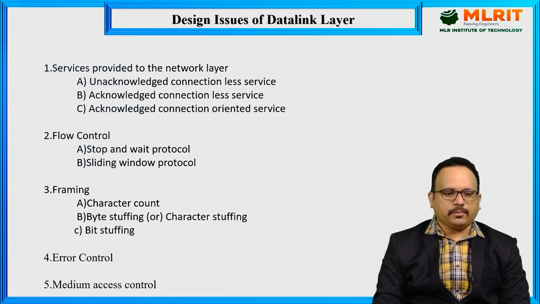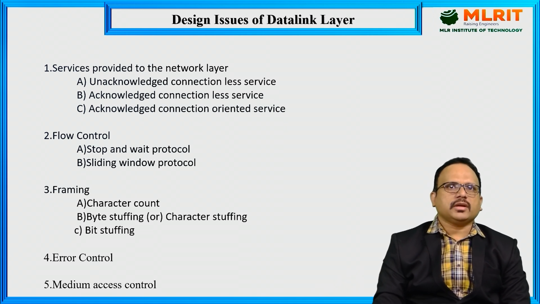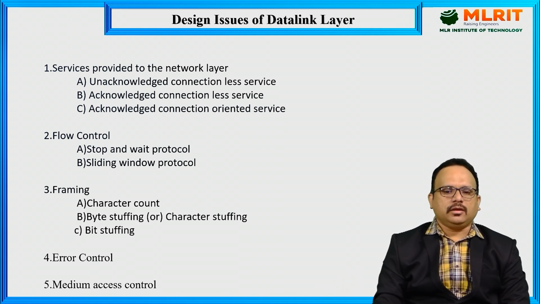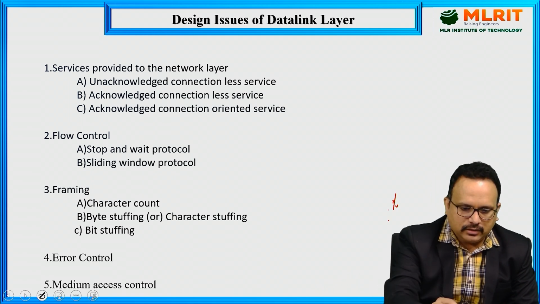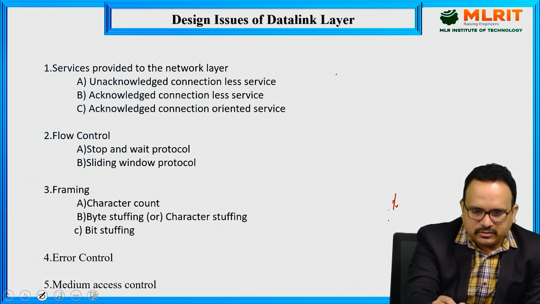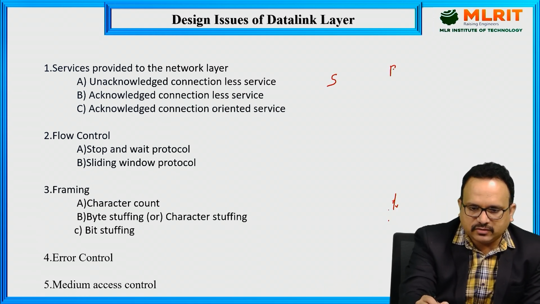So first topic in this particular data link layer is design issues of data link layer. Before going to discuss about this, how the data will be transmitted in the data link layer and from where the data will be coming to the data link layer. So for example, if you go through the previous one, this is a sender side and this is a receiver side.